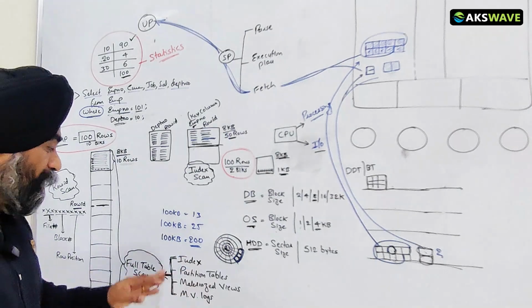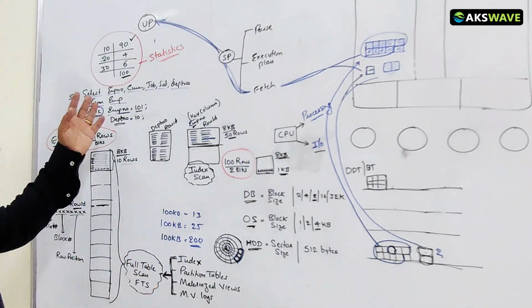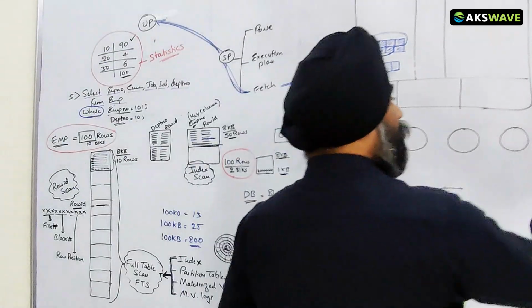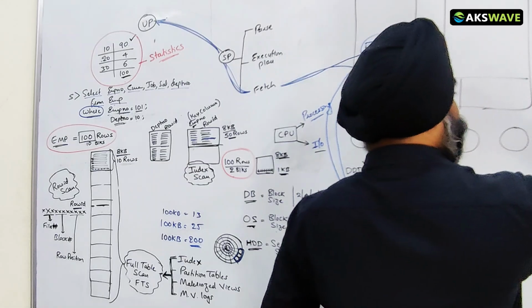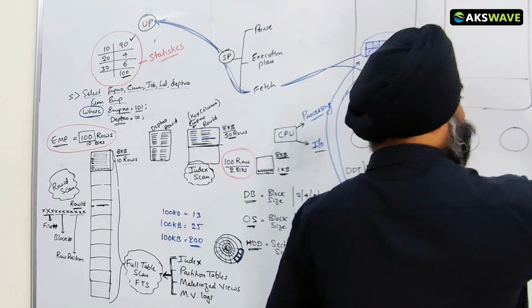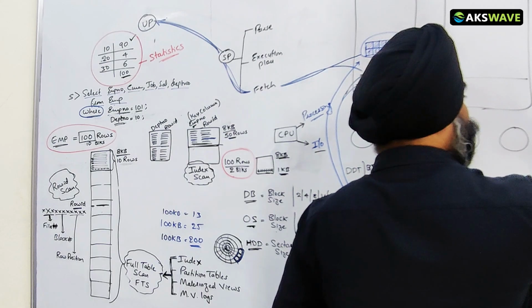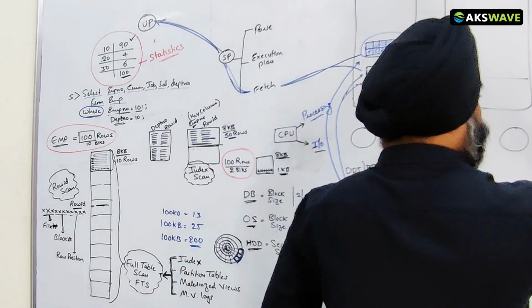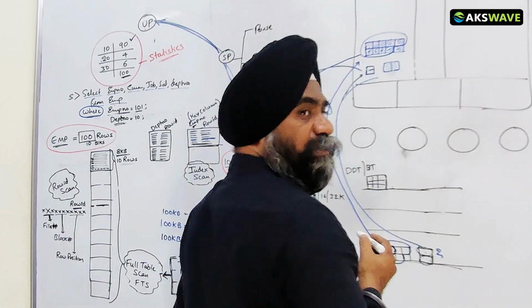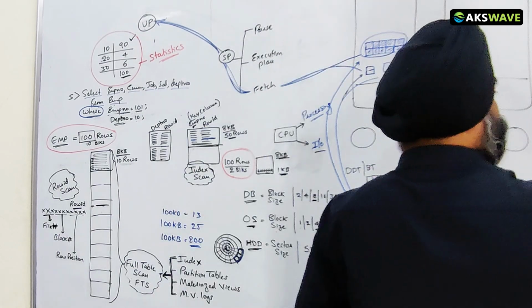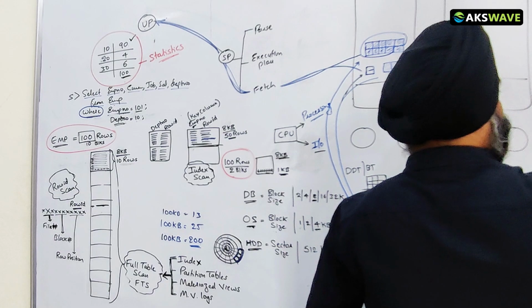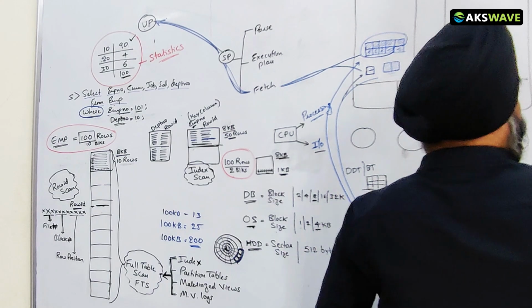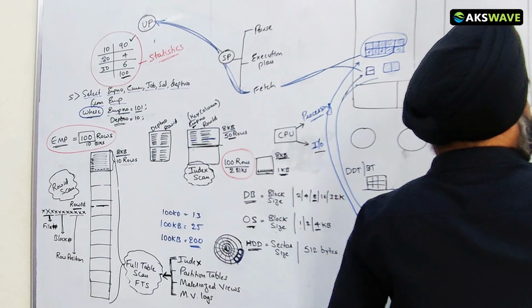Now, if you have so many things on your table, then it has to check: if I go through index scan, if I go through full table scan, if I go through partition scan, if I go through materialized view, how many IOs in each one? And out of these, I'm going to select one plan path as the execution plan.